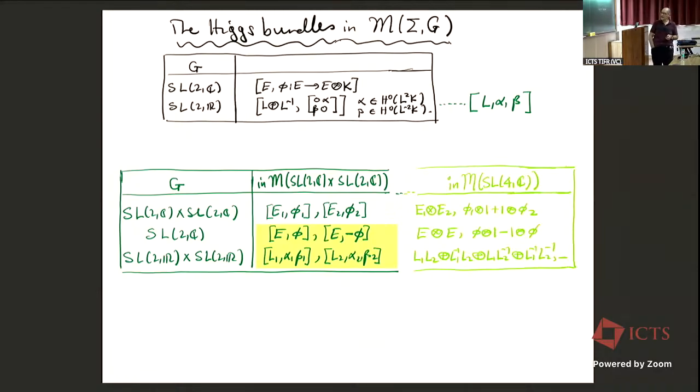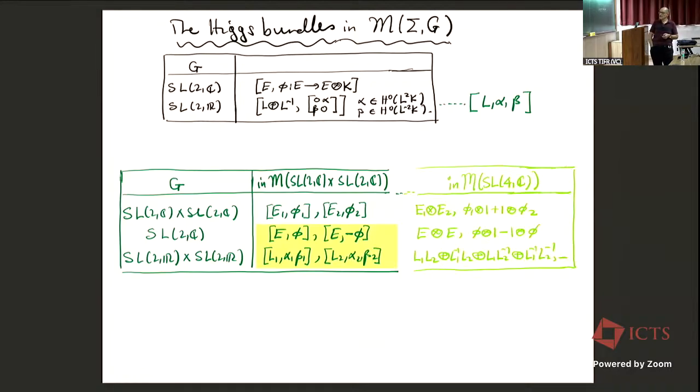So what do the Higgs bundles look like? The power of Higgs bundles comes from the fact that you have very explicit information about what the objects look like and a lot of extra structure. So what do we have in this situation? An SL2C Higgs bundle is just a rank 2 Higgs bundle: a rank 2 holomorphic vector bundle and a Higgs field in the usual way.